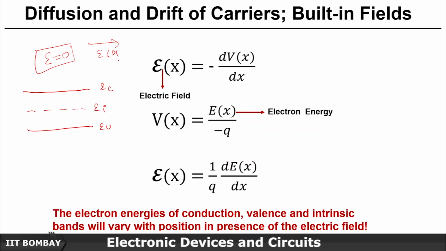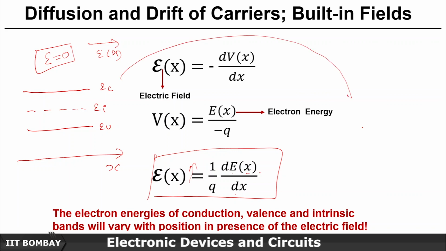Along the x direction, let us say this is the x direction. From this expression we learned that in the direction of the applied electric field, electron energy will increase because an amount of work has to be done. So, how are we going to represent these band diagrams? This will be the band.